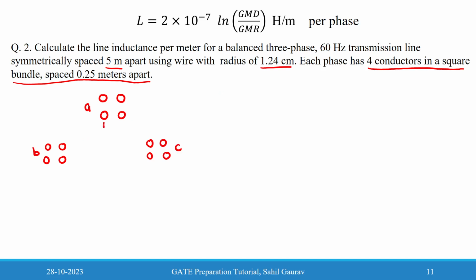So the distance between conductors in a bundle is 0.25 meter, and the distance between A and B phase and B and C phase, how much is this distance? 5 meters. Yes, 5 meter, correct.